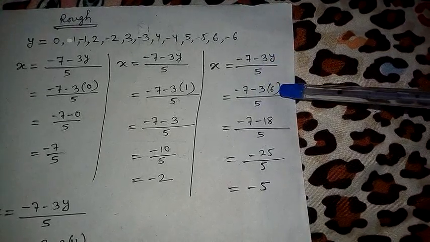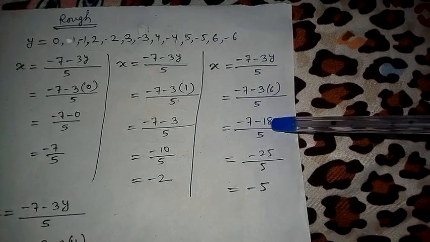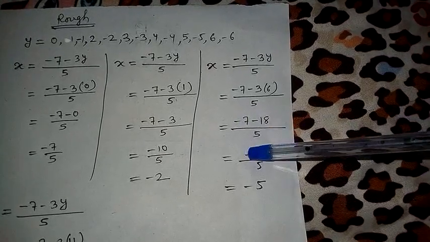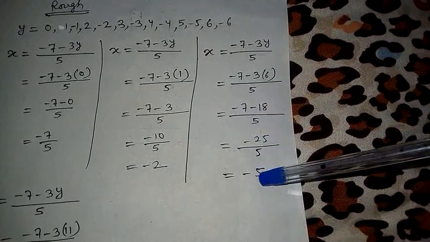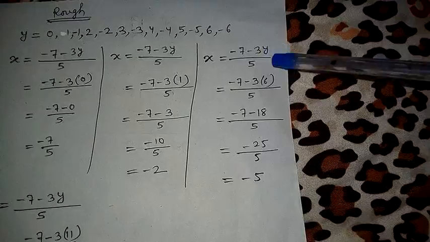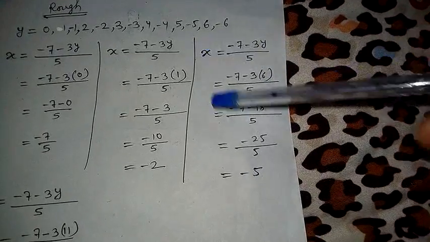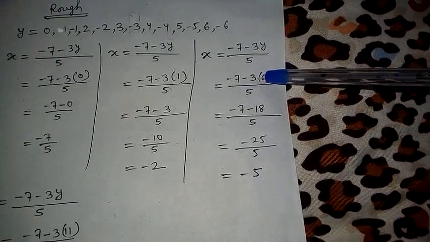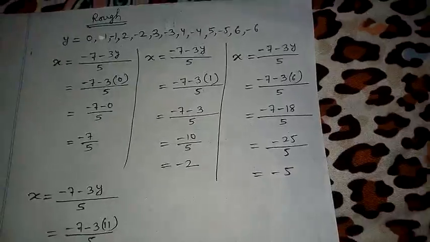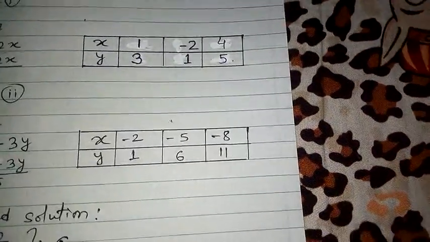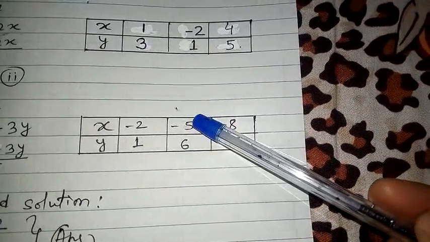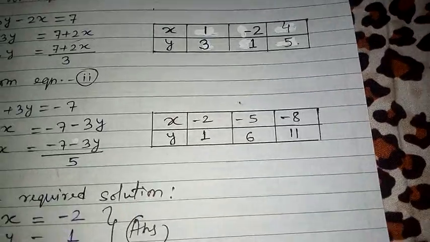So here minus 3 into 6, minus 18. Minus 18 minus 7, minus 25. 5 5s are 25. So the value of y is 6 and the value of x is minus 5. 6 will be in y and minus 5 will be in x. So you can see 6 is in y and minus 5 is in x.